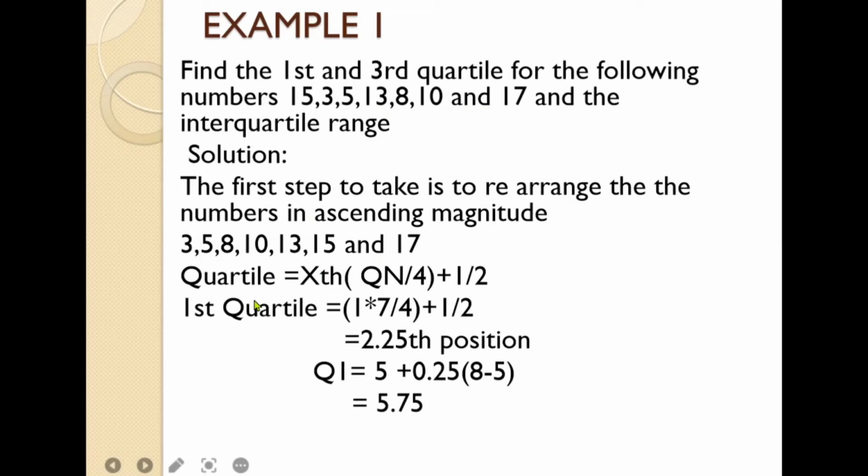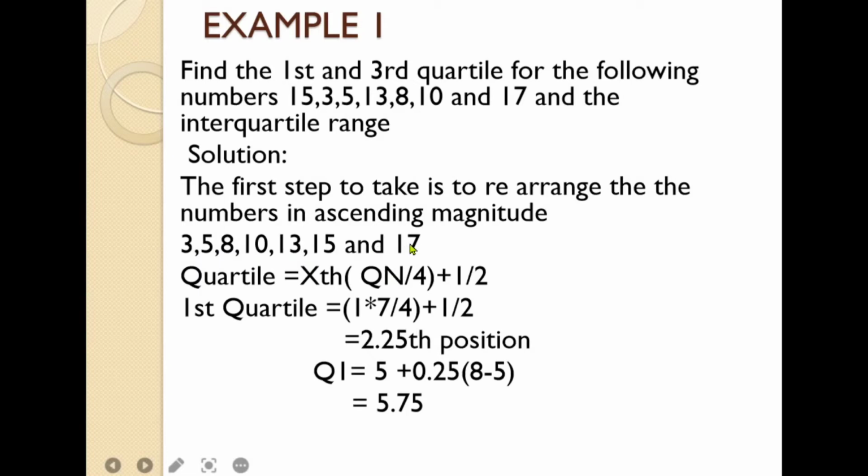So in order to find the first quartile, we need to use this formula Qn over 4 plus half in order to determine the position of the first quartile class. Since it is the first quartile, it means it is n over 4, because the quartile class is the first class, which is number 1. So 1 times 7, because we have 7 numbers: 1, 2, 3, 4, 5, 6, 7.